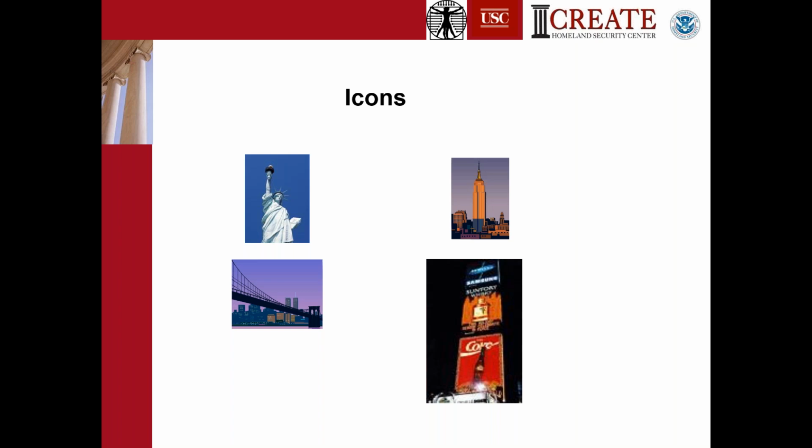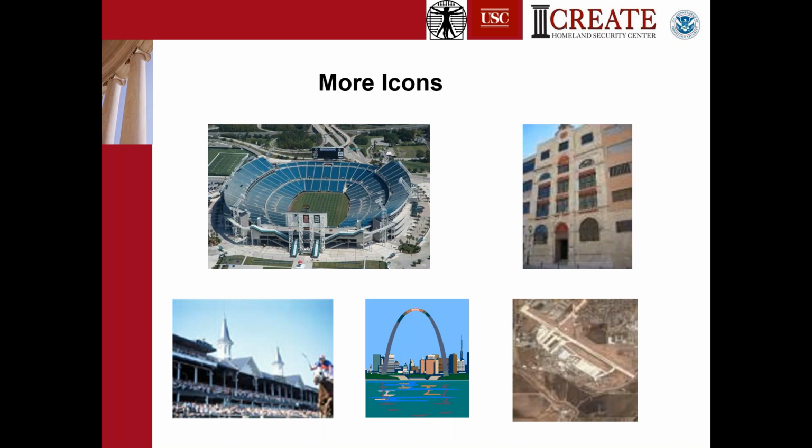To give an illustration of some of the icons that were chosen as deserving of DHS funding, probably everyone can recognize the St. Louis Arch at the bottom. That's clearly an icon, but probably not as important nationally of an icon as the Statue of Liberty.